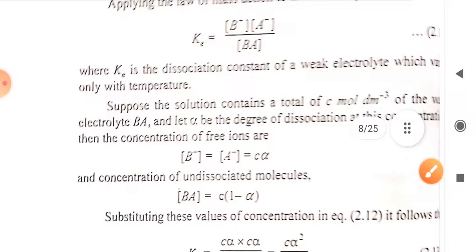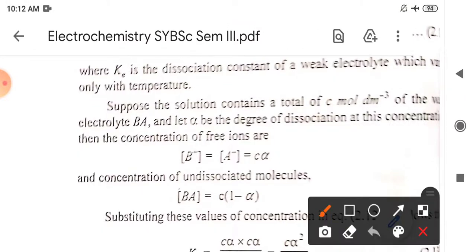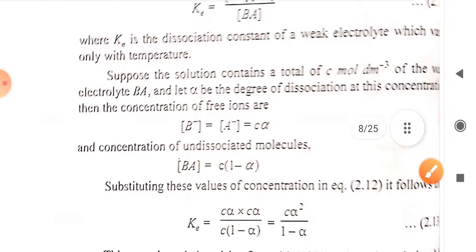The electrolyte BA totally contains C moles per dm cube, but since it is a weak electrolyte, some of it gets dissociated and some does not. So to find out how much it gets dissociated, we use the degree of dissociation term, which tells you how many ions are getting dissociated.